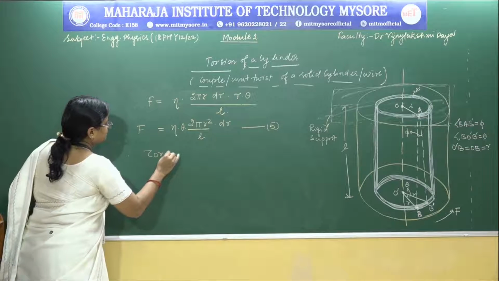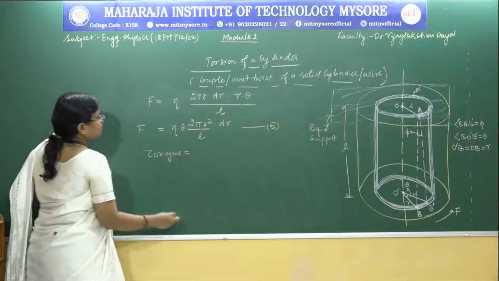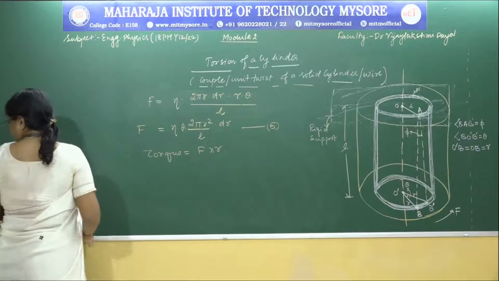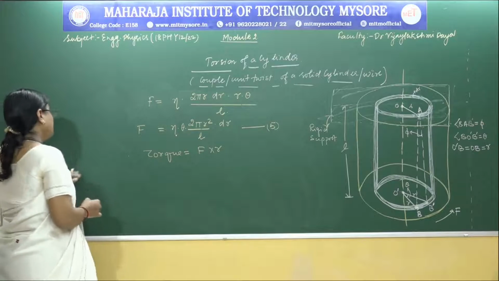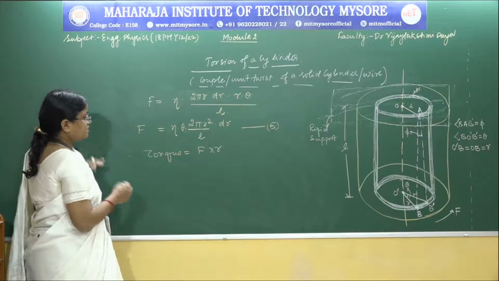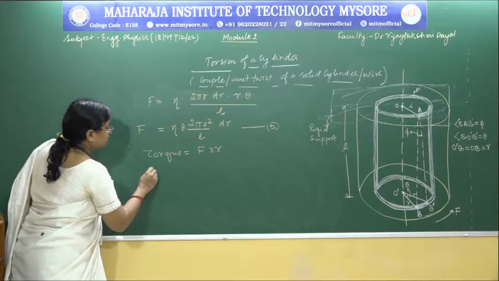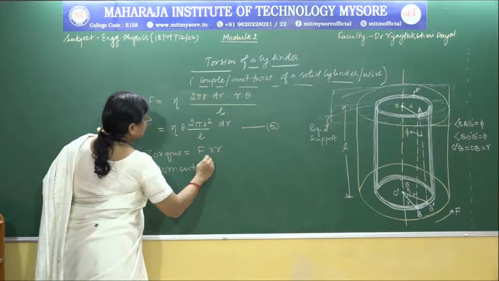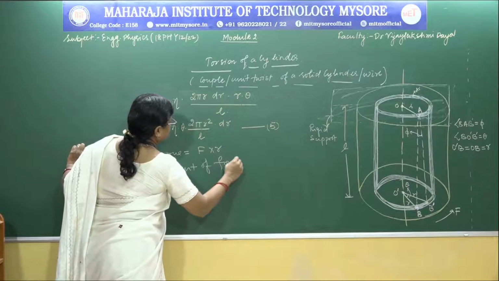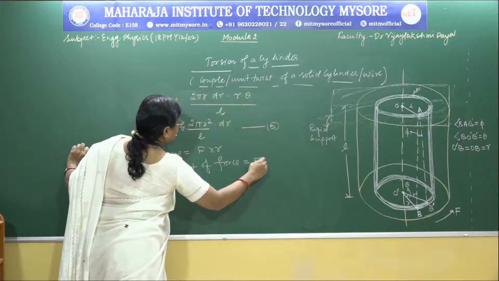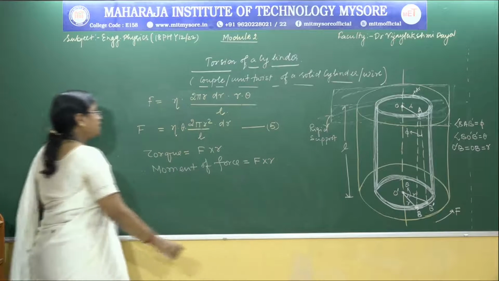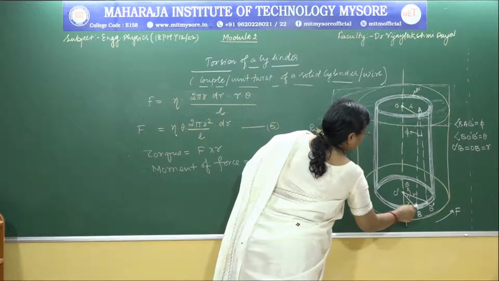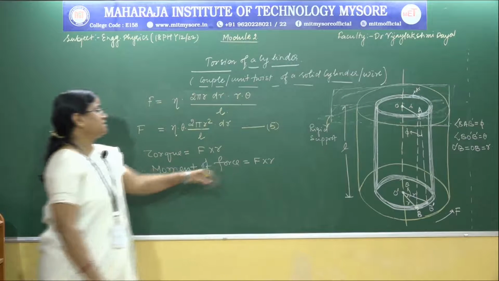Therefore torque will be equal to F into R, and this torque is nothing but the moment of force, which is equal to F into R, the perpendicular distance from where the force is applied, that is R.